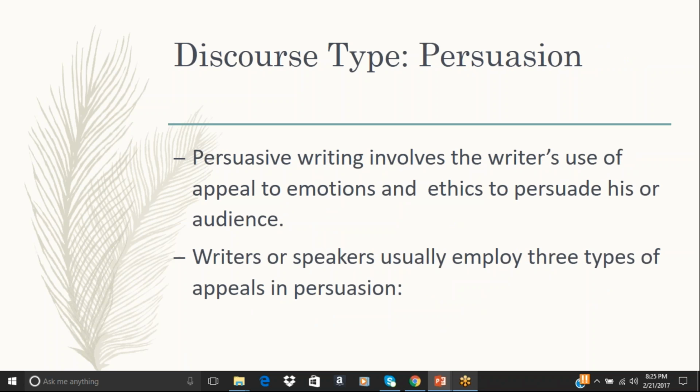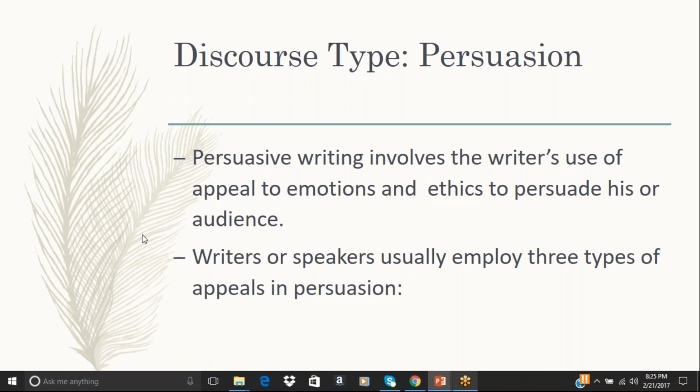Persuasive writing involves the writer's use of appeal to emotions and ethics to persuade his audience. Writers or speakers usually employ three types of appeals in persuasion. What are those appeals, everybody? Come, everybody, this is first form work. What are the names of the appeals used in persuasion? Logos, thank you, very good.